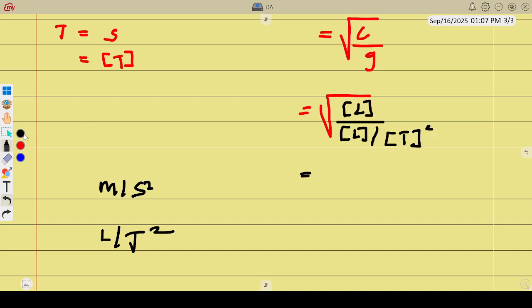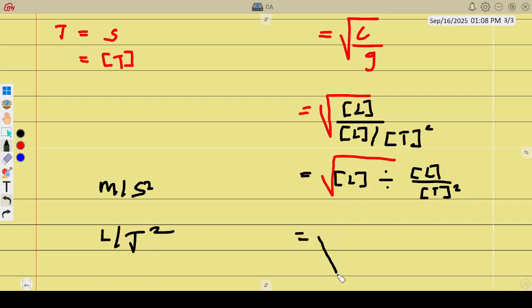Now at this point we say square root of L, and this will change to division. So we're going to have L divided by L over T squared.